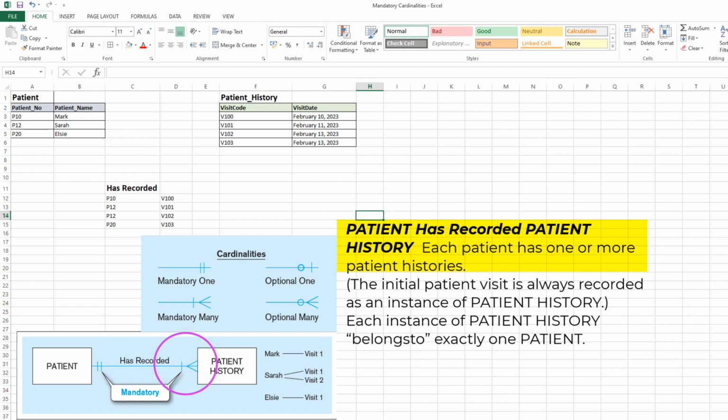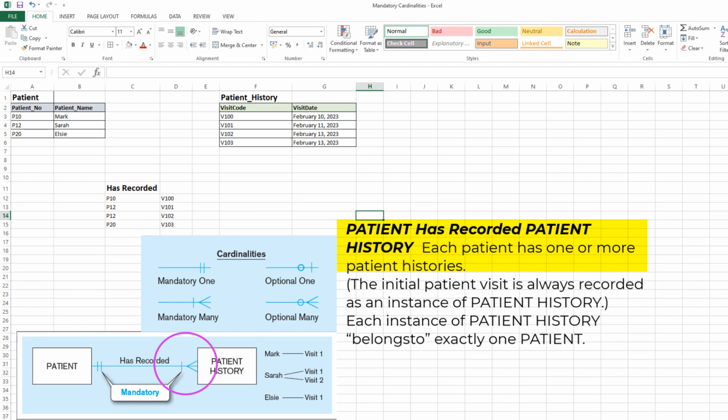That means I am a patient at Silang Specialist Hospital because I have at least one patient history record, exactly one.